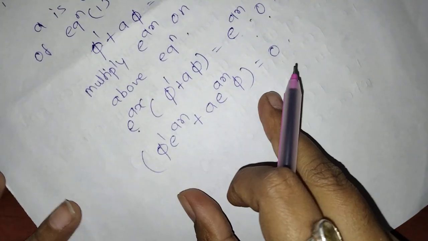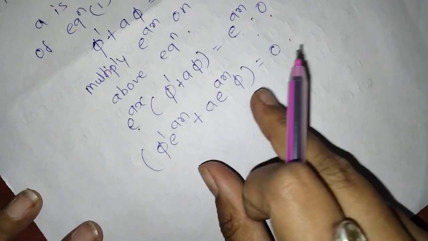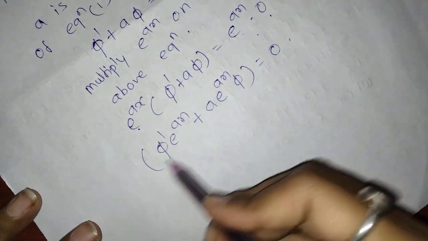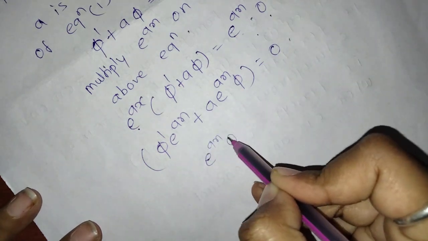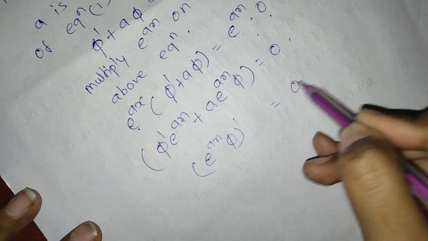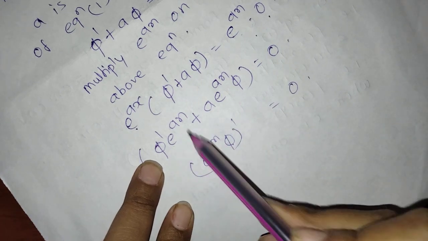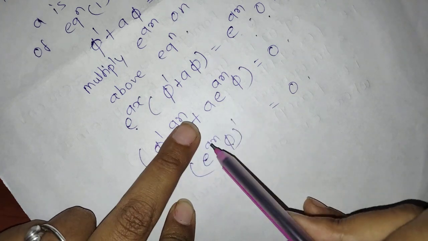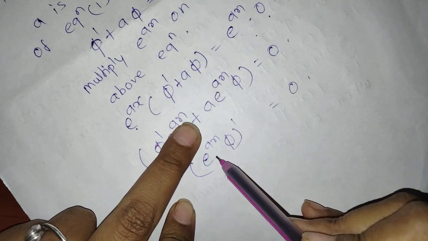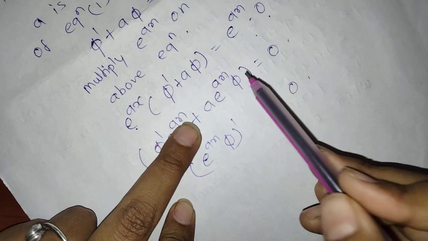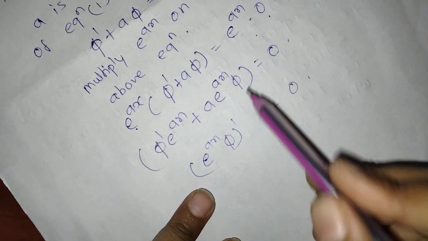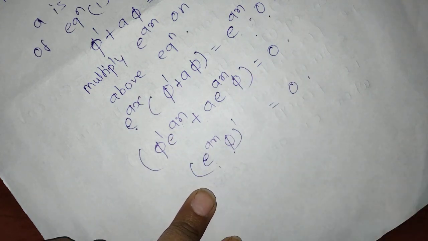Now you can see that this is nothing but the derivative of e^(ax) phi, because first take the derivative of phi, keeping e^(ax) as it is, plus next take the derivative of e^(ax), we get e^(ax) times a times phi. So this is nothing but the derivative of e^(ax) phi.